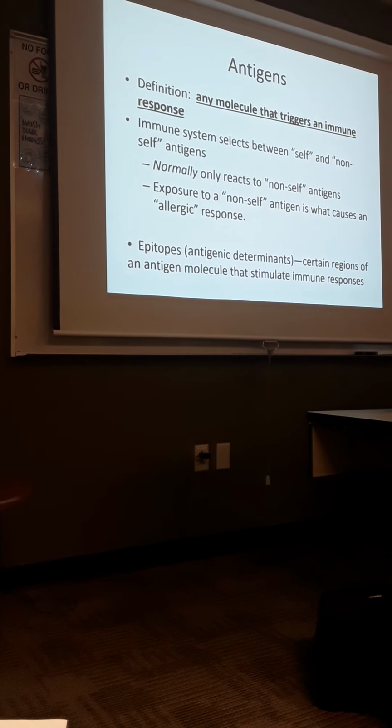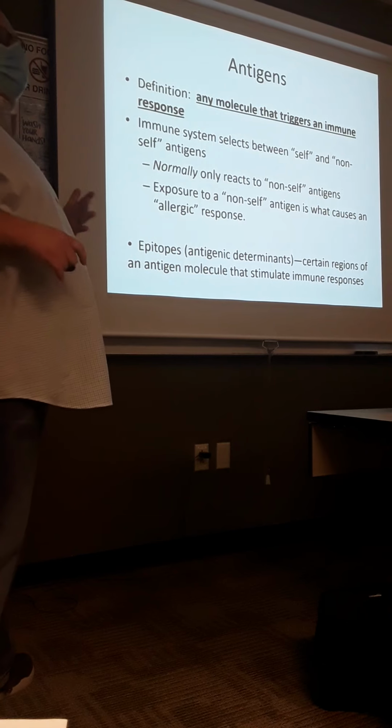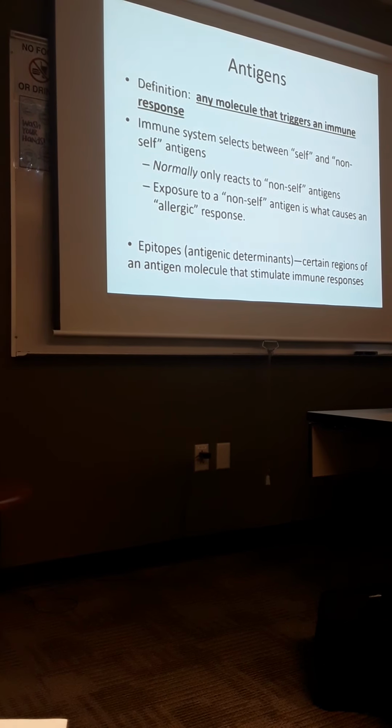So they're identification markers. Any molecule that triggers an immune response is an antigen. The immune system selects between self and non-self antigens. Self antigens belong to the body. Non-self antigens are from foreign cells.